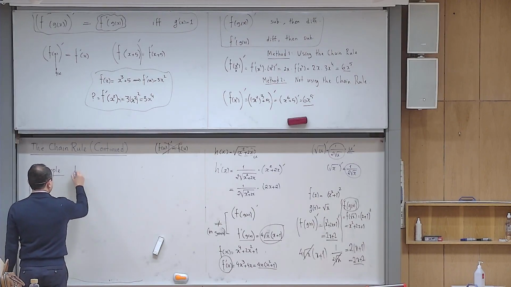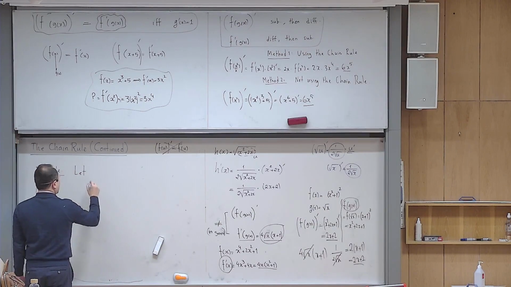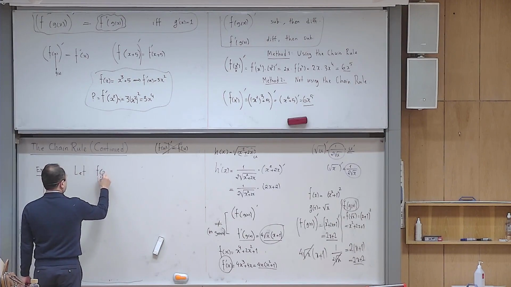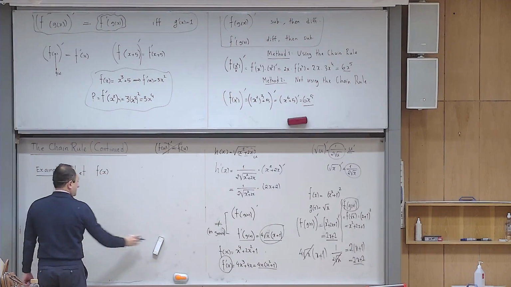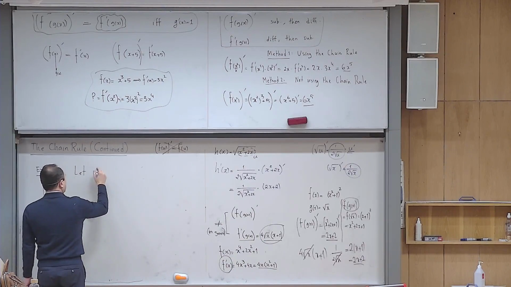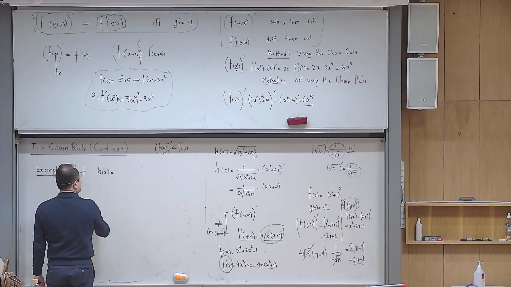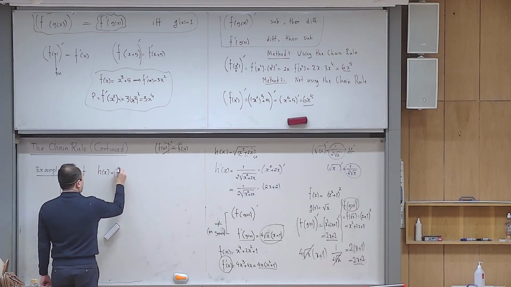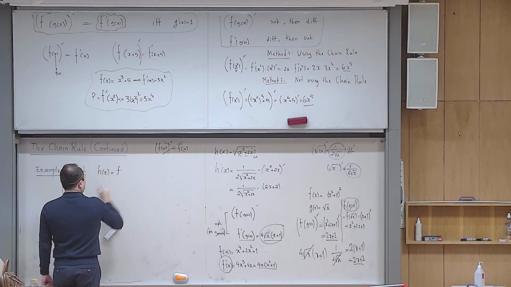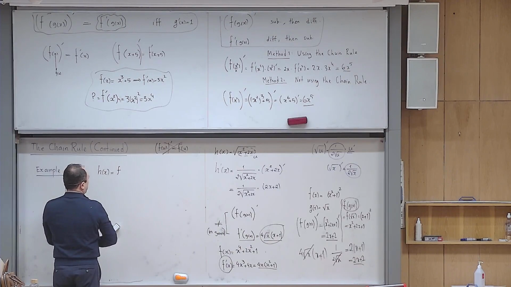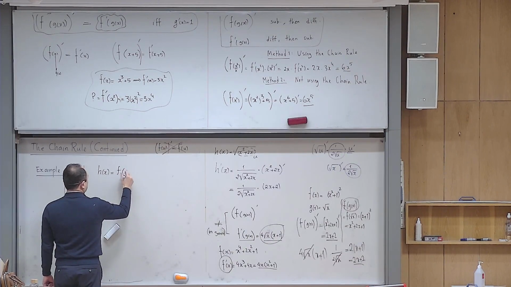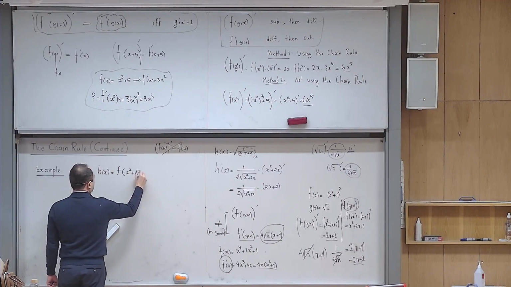Let h of x be equal to f of x squared plus the square root of x.